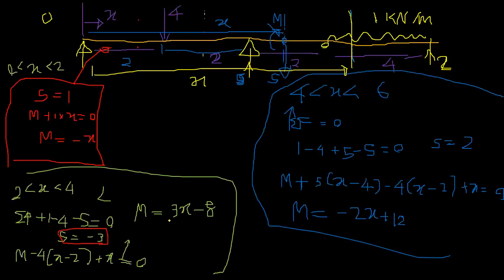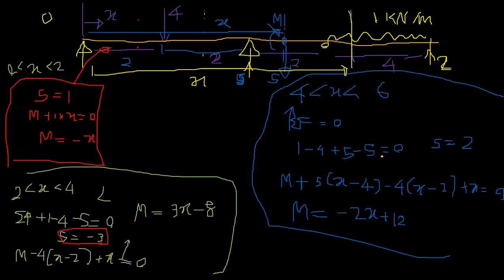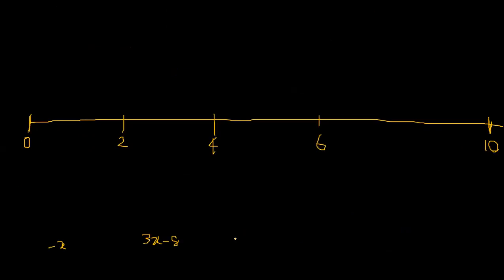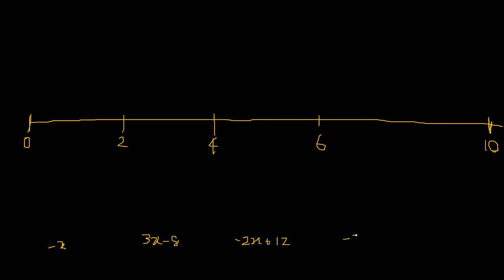Here it is 3x minus 8. In this region, it is 3x minus 8. In this region, it is minus 2x plus 12. In this region, it is minus 10, 2 into 10 minus 6.